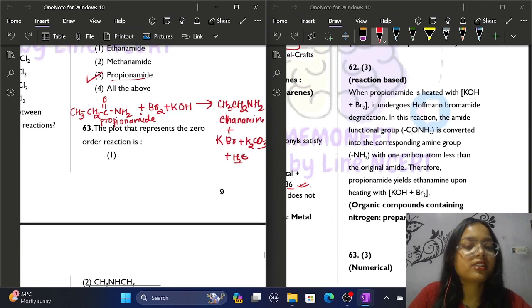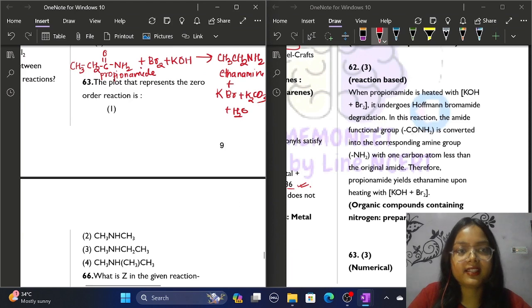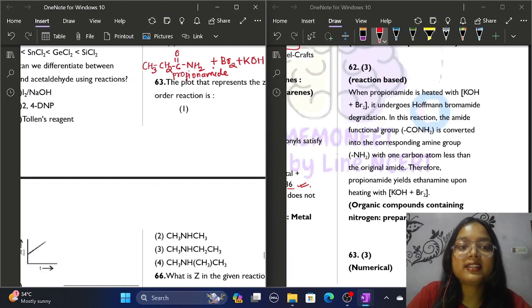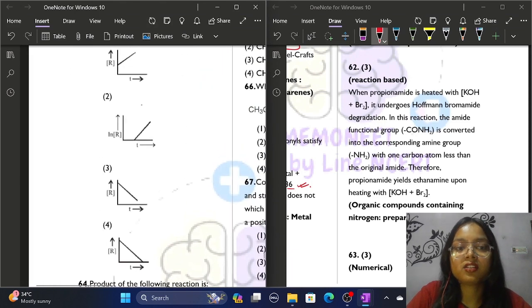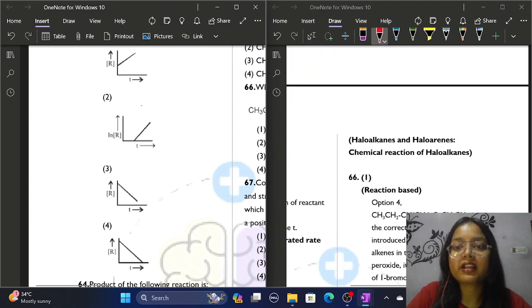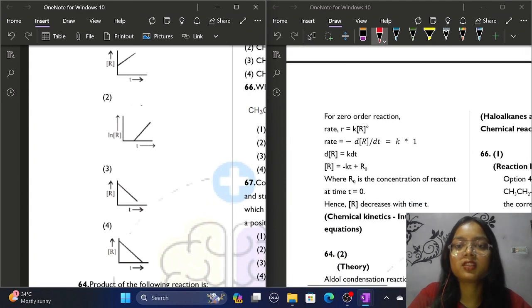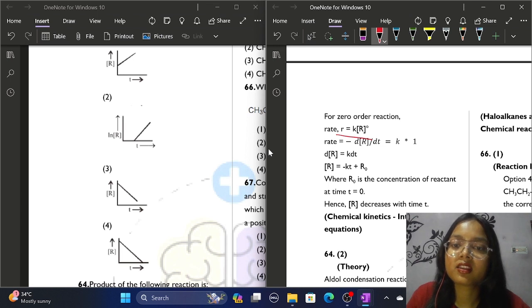Let's move on to the next question. Question number 63 says, the plot that represents the zero order reaction. For a zero order reaction, the rate will be k[R]^0.